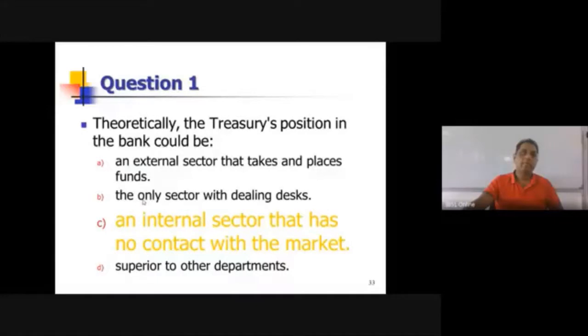Because, like I said, if it was merely providing a transfer pricing rate and managing the liquidity of the bank, then it would have been an internal sector. But it is very much market oriented, making sure that the bank gets the best outcome for the funds that it gathers, in terms of what cost it gathers them at and what cost it lends them at. Through that process and through liquidity management separately, it also generates income. So that's why it's not. But theoretically, if you look at it simplistically, it should be an area that has no contact with the market, an internal sector.